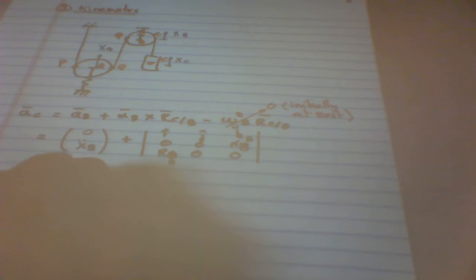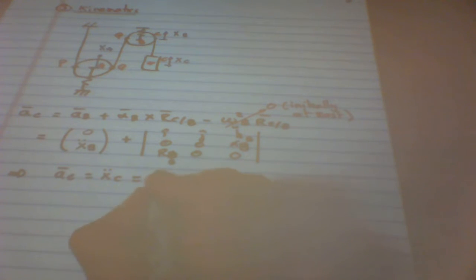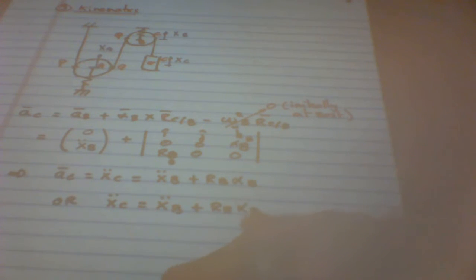So from here we get the acceleration of C, which is X double dot C, equal to X double dot B plus R sub B alpha sub B. Or if you want, X double dot C equal to X double dot B plus R sub B alpha sub B.